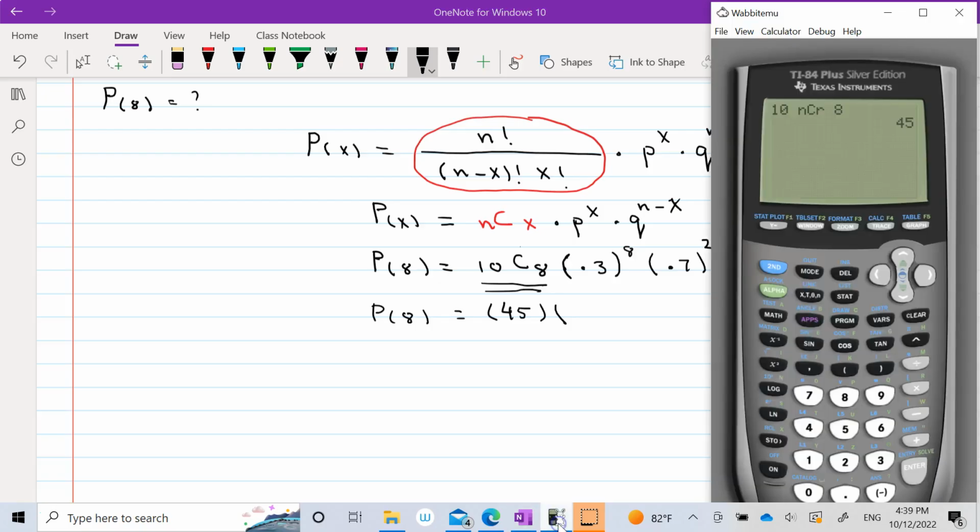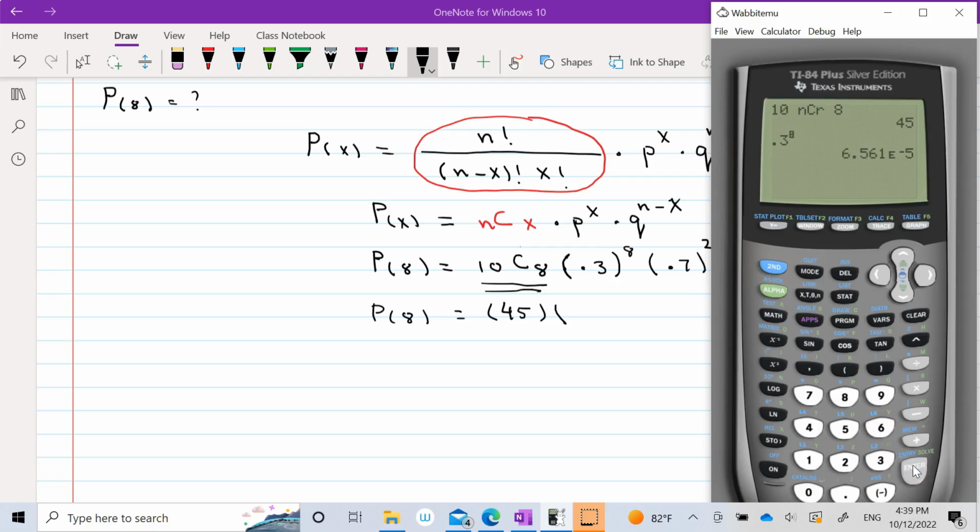Again, we need our calculator. 0.3, and on the TI-84 raising to a power is this button, the caret, to the power of 8. Click on 8 and enter.